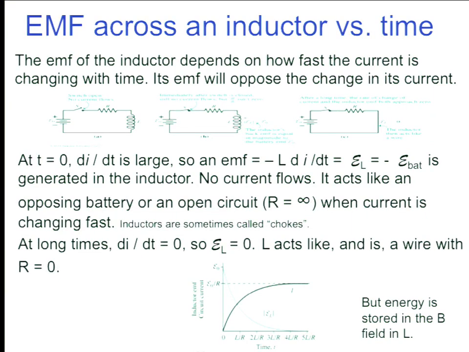And here at a steady applied voltage, the capacitor, for fast changes, acts like a short, like a wire. And for steady changes, it's open, it's an open circuit. But the inductance, for fast changes, it's a choke. It's like an open circuit.